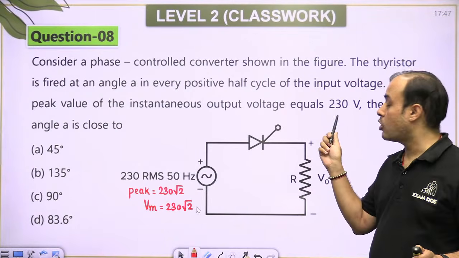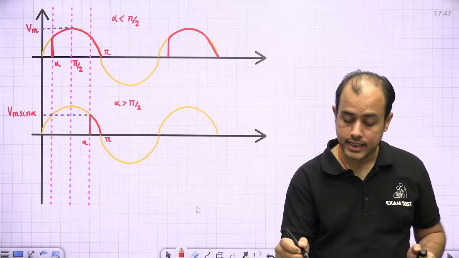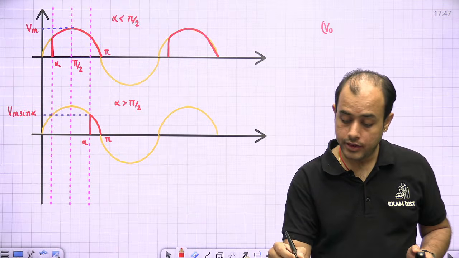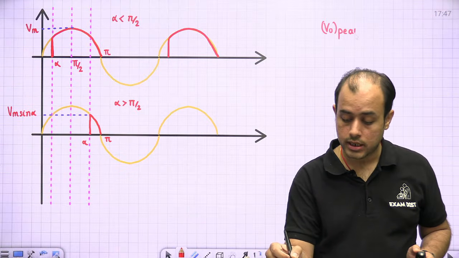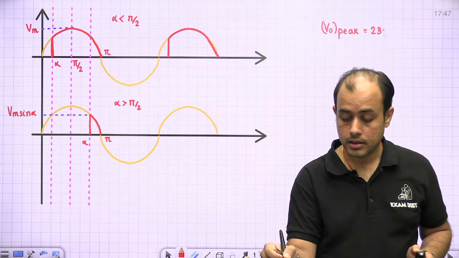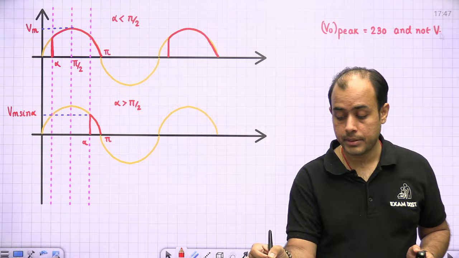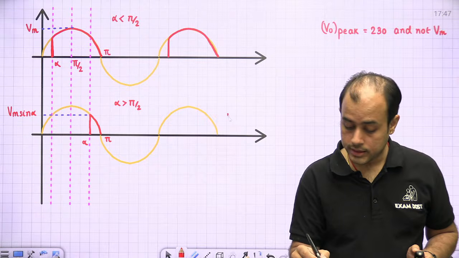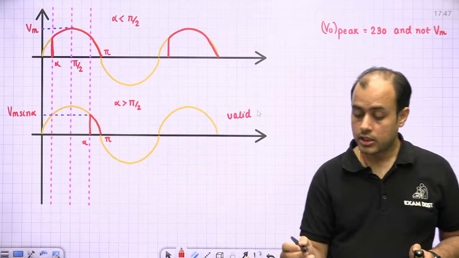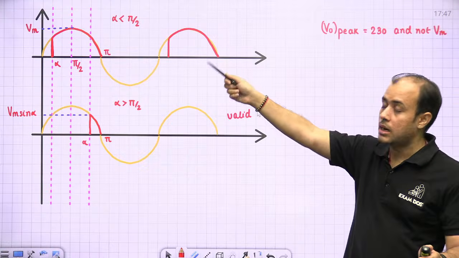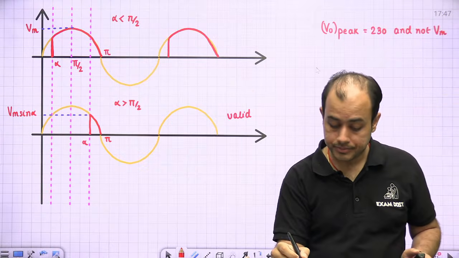But the peak of output is only 230. V naught peak is 230 and not Vm. Therefore, this is a valid case. क्योंकि अल्फा अगर 90 से कम होता तो पीक तो Vm आता.